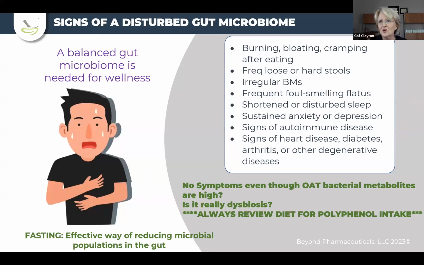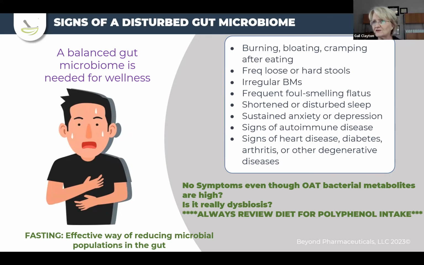Okay, so before you even look at an organic acids test, I always recommend going through the patient's symptoms, their history, what medications they're taking, what supplements they're taking, what's their stress level, what are they being exposed to, all their history, and especially what are they eating?